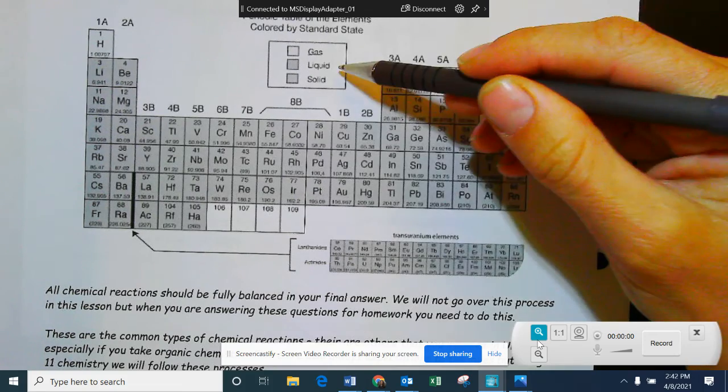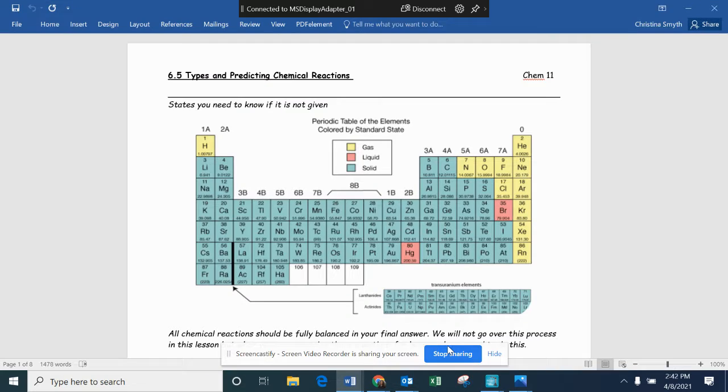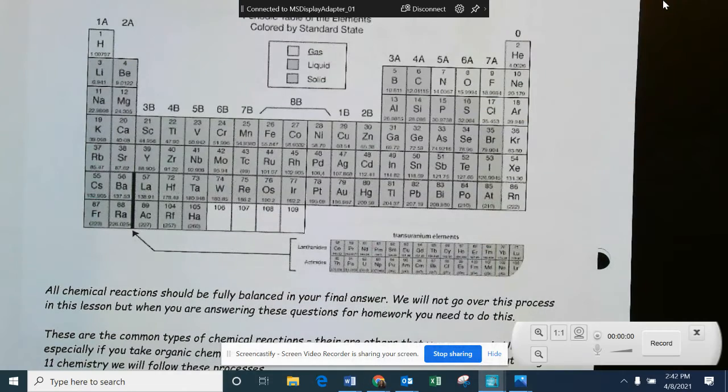And then the liquids and solids are really hard to distinguish on this, but here we go. So bromine and mercury are going to be in liquid form when they're by themselves. All of these light colored yellow ones are going to be gas when they're by themselves, and then the rest of them are all going to be solid. So I will put this up and put colors out, and you guys can color on them later if you want to.